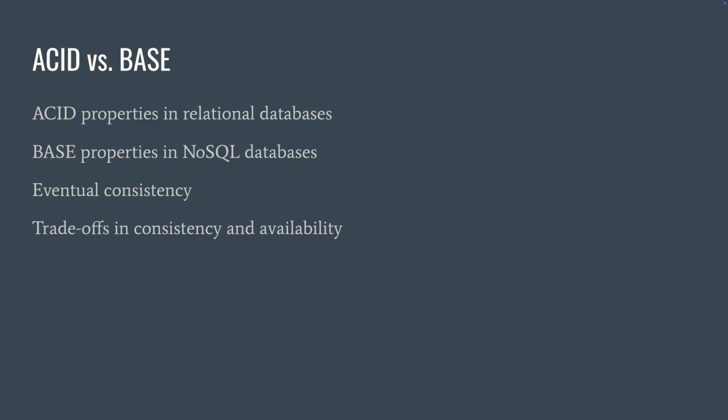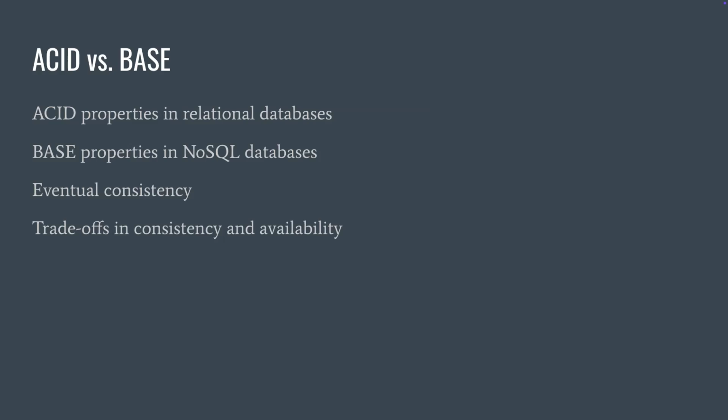This design is often chosen for large, distributed, and high availability systems. And this has trade-offs, because you are gaining availability and scalability, but you lose the strong consistency guarantees of ACID transactions.